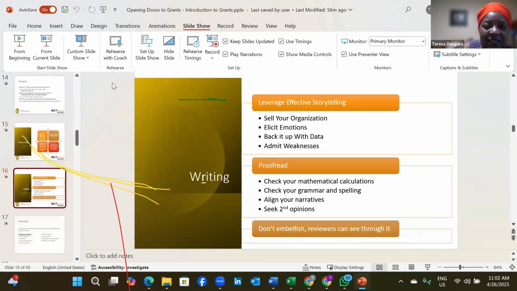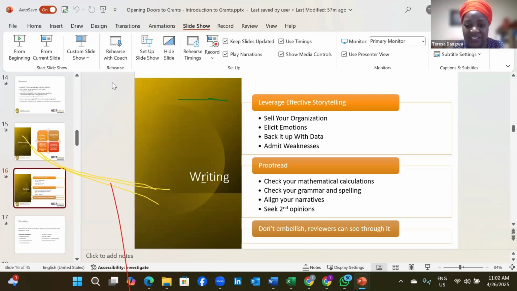Then the fourth R is writing. I know it doesn't start with R, but the R is in there somewhere. Leverage effective storytelling. Remember when I was saying that when the reviewer is looking at your grant, you want your proposal to tell a story, so that if they are not from your community, by reading your proposal, they are immersed in it.